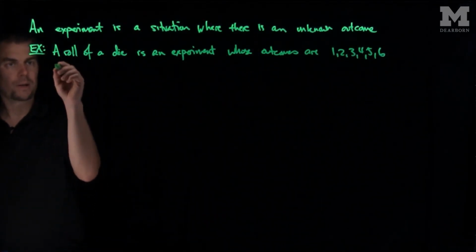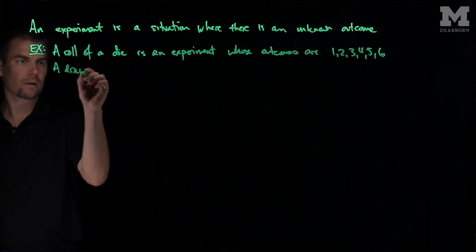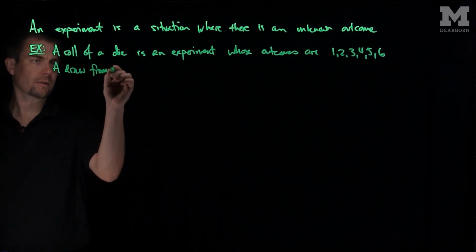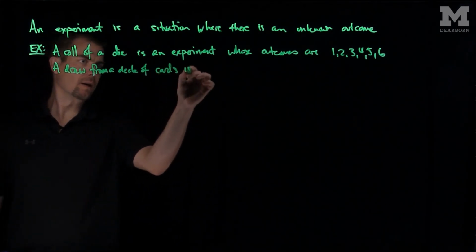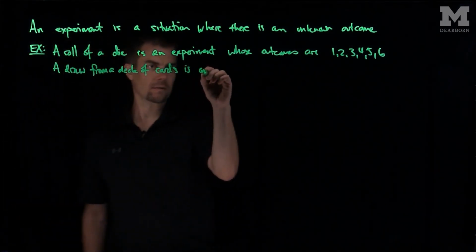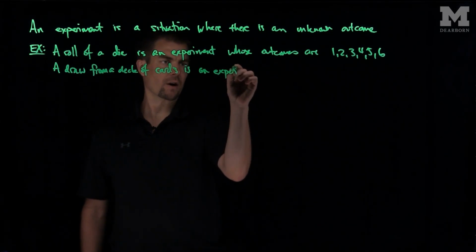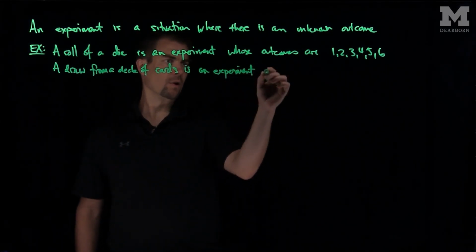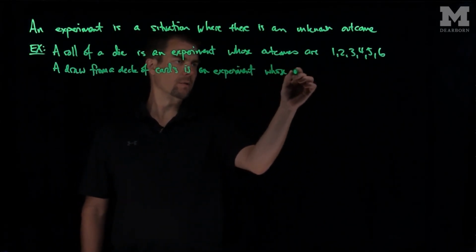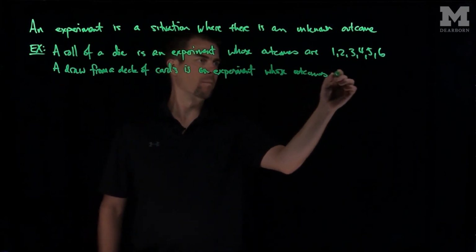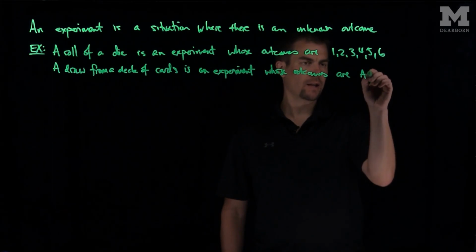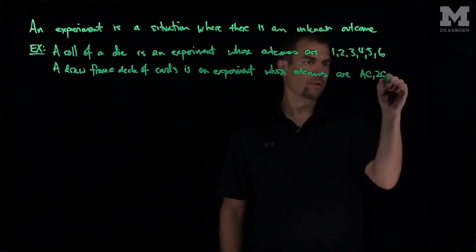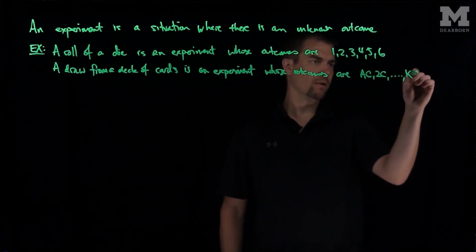Another example would be a draw from a deck of cards is an experiment. If you draw from a deck of cards, you don't know what the outcome will be. Whose outcomes are, well, you can have the ace of clubs, the 2 of clubs, etc., the king of clubs.